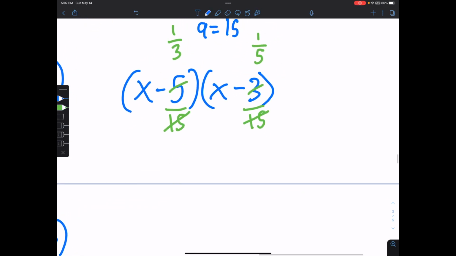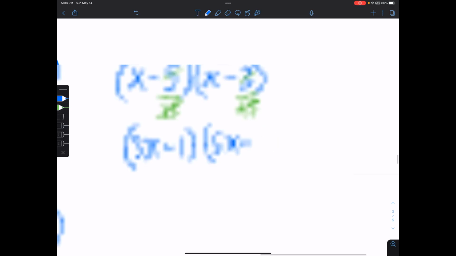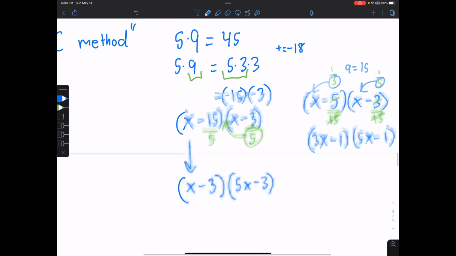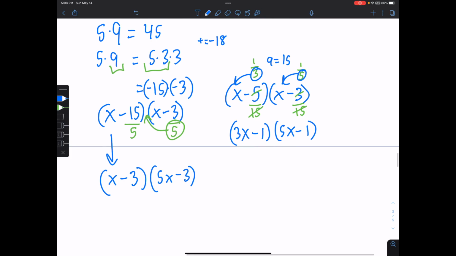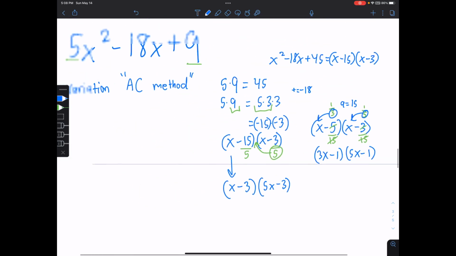Since we still have a denominator, we would put it in front of our x's, and then we would get our factorization again. So just divide however much you can, but if there's still a fraction that you can't simplify, then just put that number in front of the x.